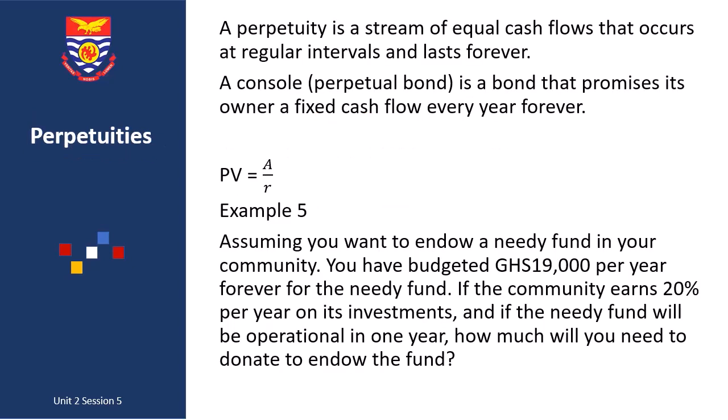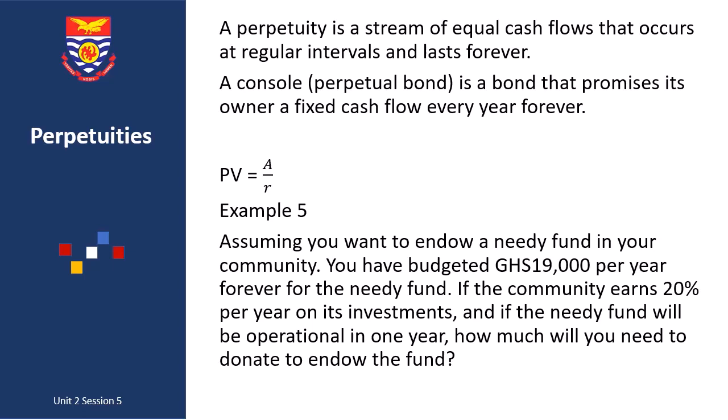Let's look at perpetuities. Annuity, and what we've been doing most of the time, we have a definite year period that it matures. Maybe it takes 3 years or 5 definite years to mature. There are instances where the stream of cash flows will occur indefinitely or it will last forever.